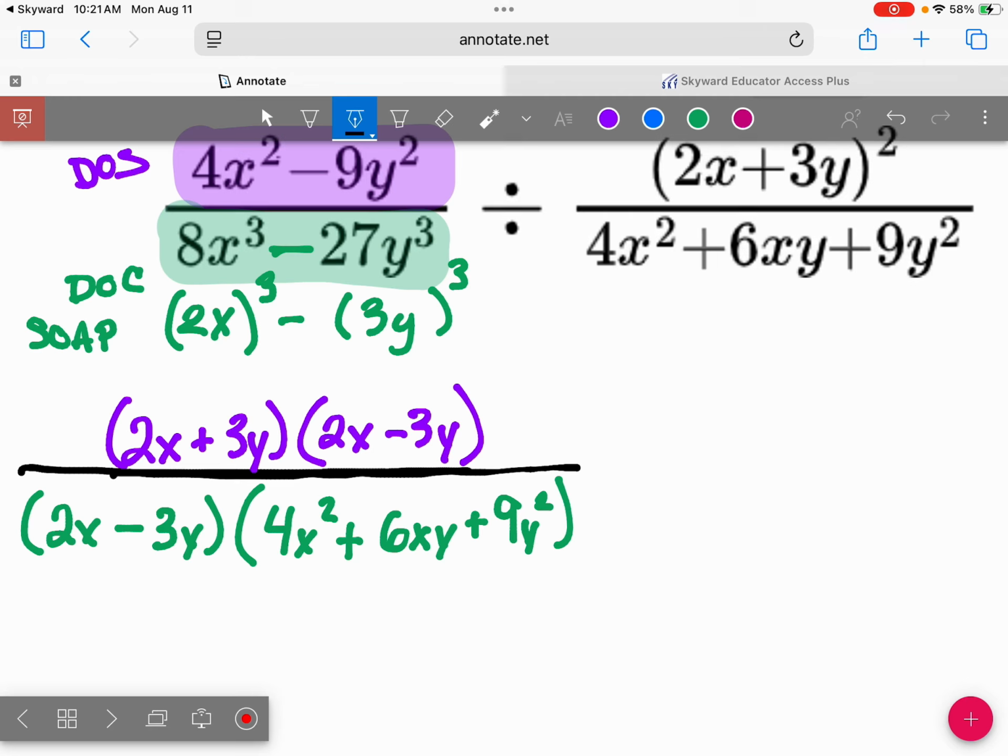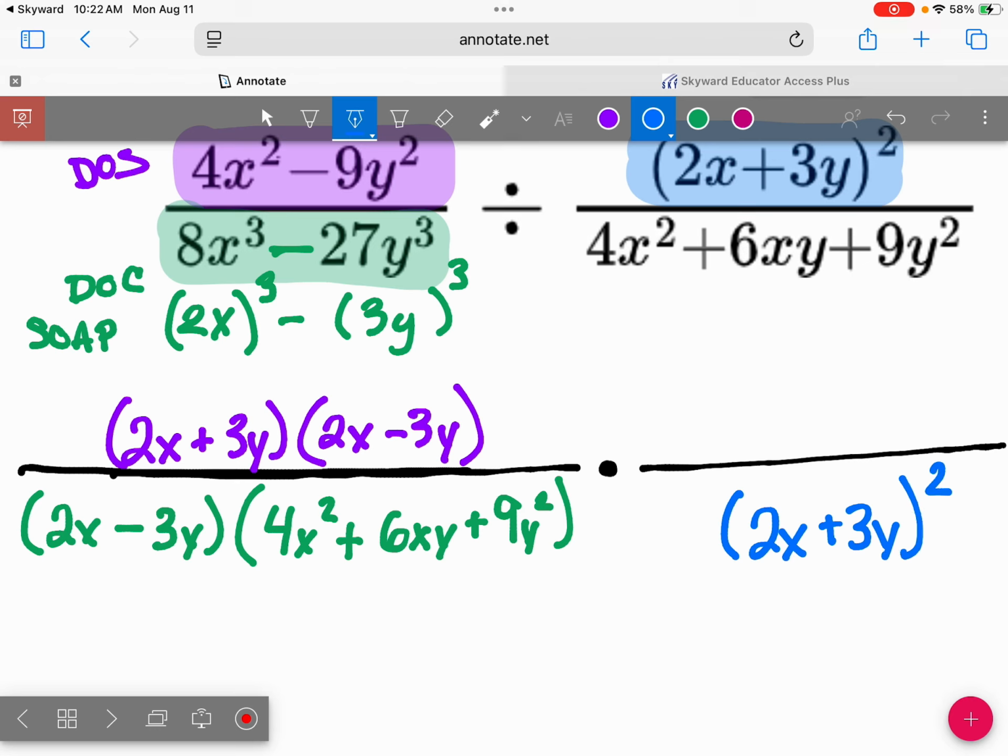Just making my fraction a little bit longer. So our first fraction we kept exactly the way we had it. Since we're being asked to divide, I'm going to do my keep change flip here. So my numerator that we had up here, which is already in factored form, I'm just going to write in my denominator as our 2x plus 3y as a quantity squared.